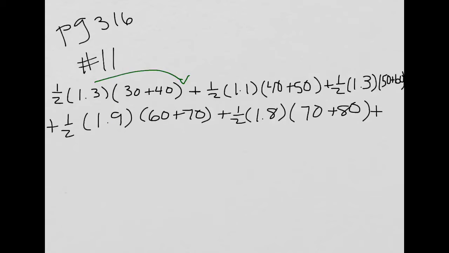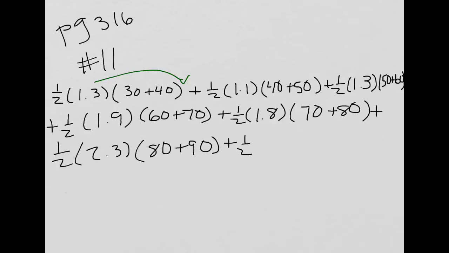I guess they put the speed change on the left because it was counting by 10, but it doesn't help you to do that really. So it's a change of 2.3. So the 80 to the 90. It's a change of 3.1 from the 90 to the 100.